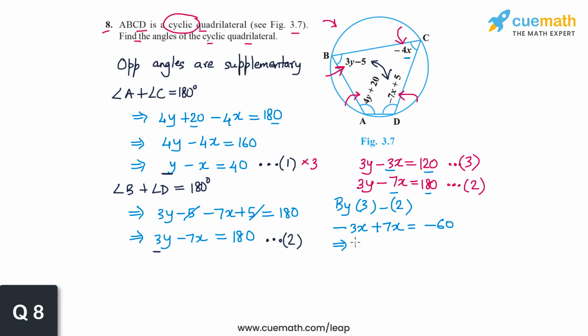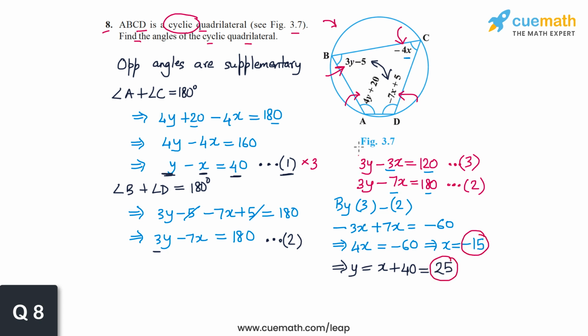So this means that 4x is equal to minus 60, or x is equal to minus 15. Okay, so x is equal to minus 15, and now let's substitute this value of x into equation 1. So we get y minus x is equal to 40, or y is equal to x plus 40, or x is minus 15, so x plus 40 is 25. So x is equal to minus 15 and y is equal to 25.